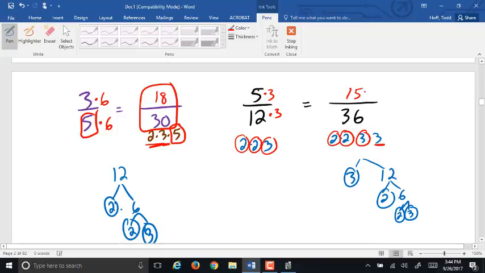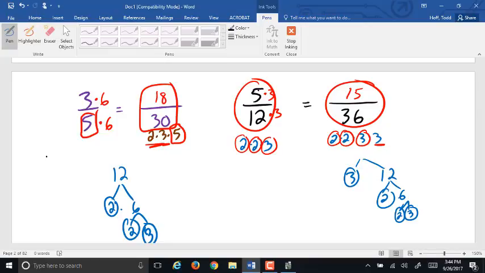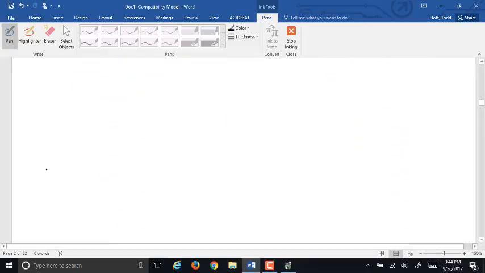So 5 times 3 would be 15. So 15 over 36 is equivalent to 5 over 12. We're going to use a process similar to this for finding common denominators and changing the common denominators. So we'll see that again.